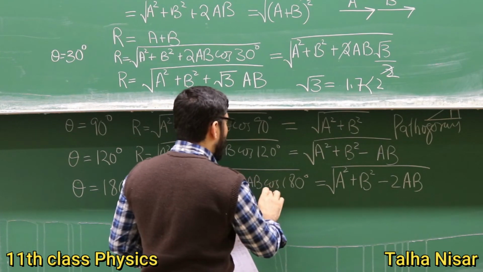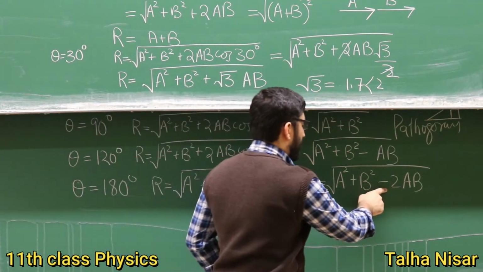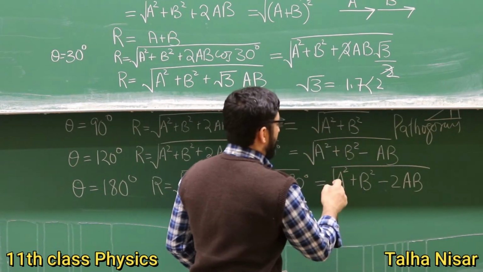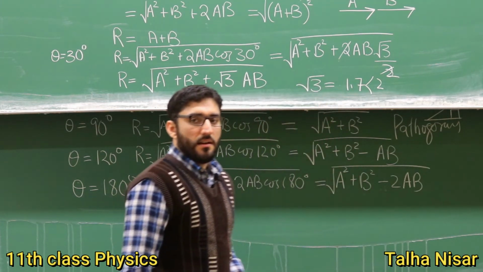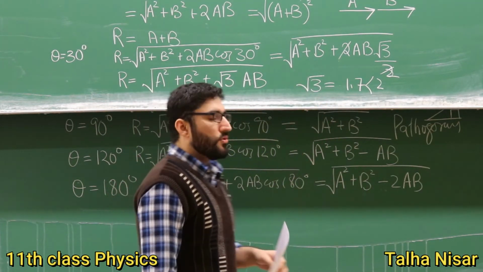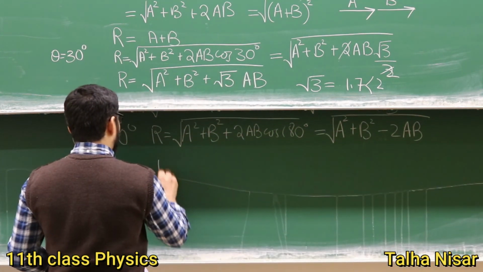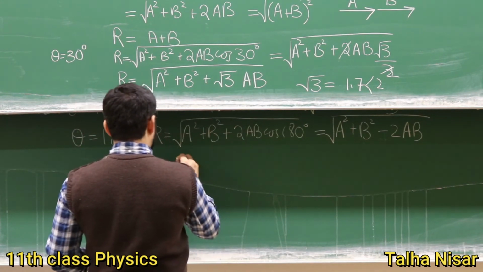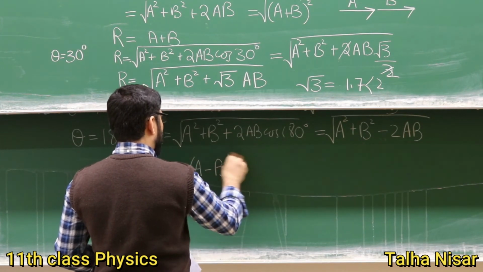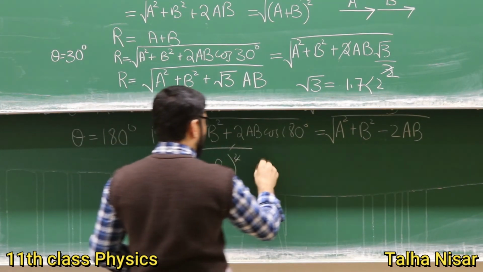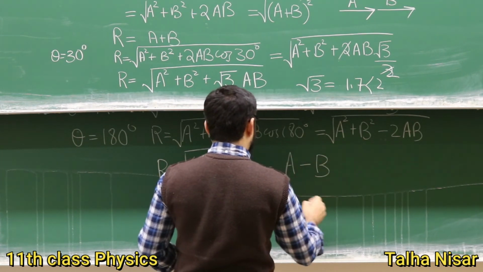So here we have a squared plus b squared minus 2ab, which is the formula for a minus b whole squared. So R is equal to the square root of a minus b whole squared, so they cancel, and it is a minus b.